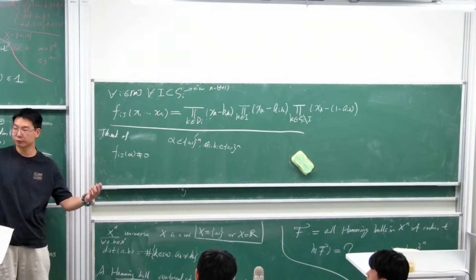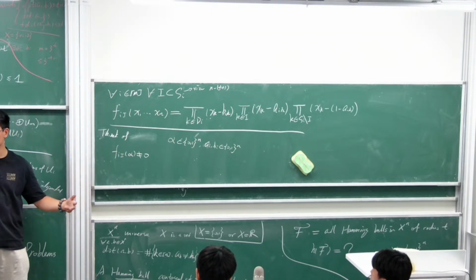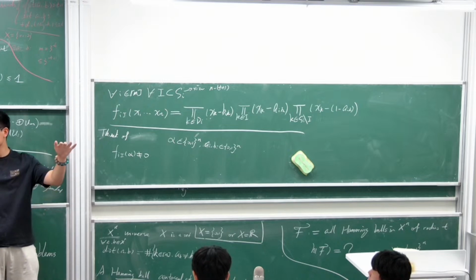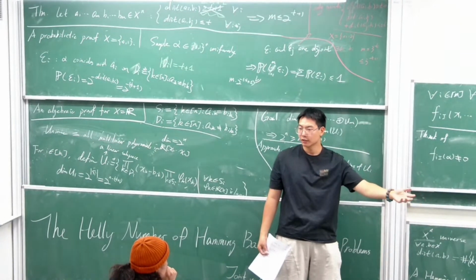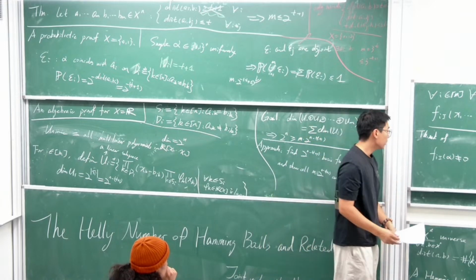Because usually in the algebraic proof, you want to evaluate the functions on some points to say these are 0, these are non-zero, and you get the rank out of the evaluation matrix.